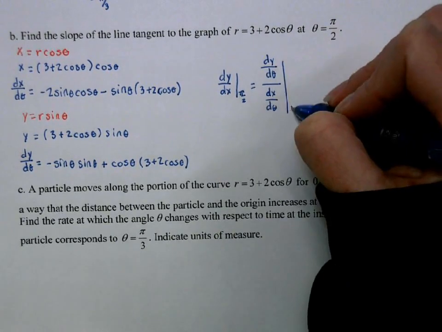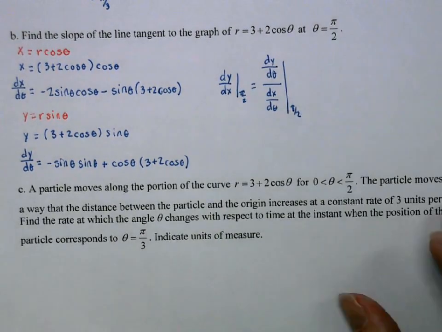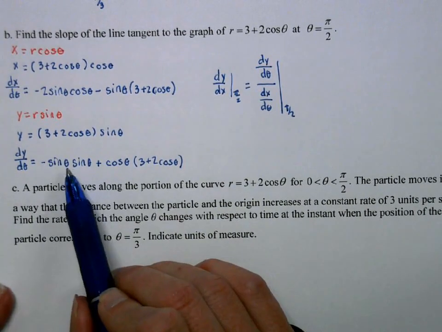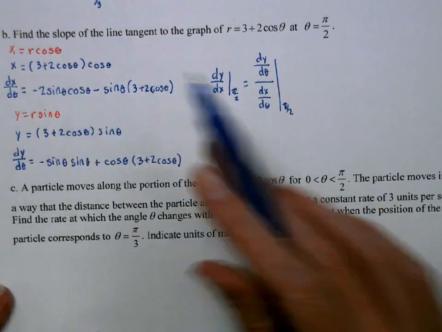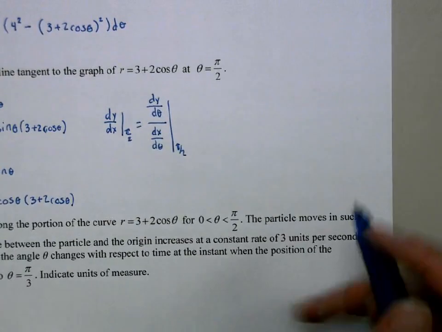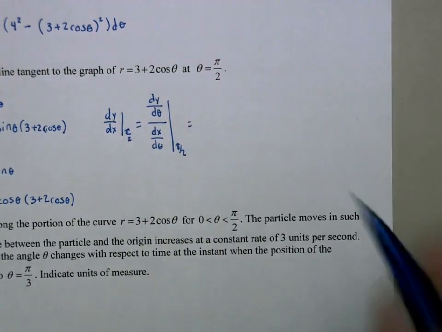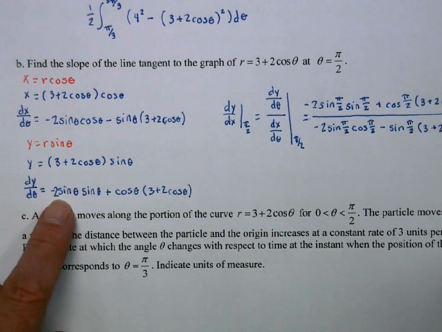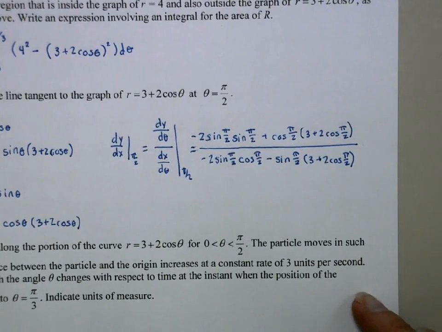Okay, so I'm going to take this whole thing, plugging in pi over 2 for theta, divided by this whole thing, plugged in for pi over 2. Okay, and I realized I forgot the 2 there, so make sure to copy that down. So put the dy d theta over dx d theta, plugged in at pi over 2. Now you could leave it like this, which you probably should, but we'll go ahead and evaluate anyway.